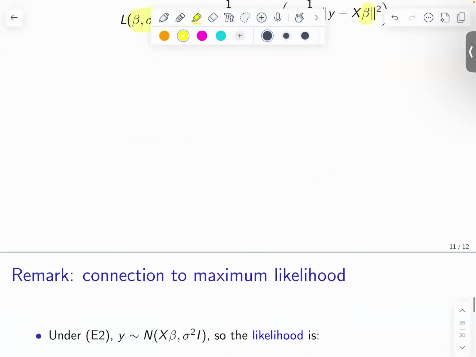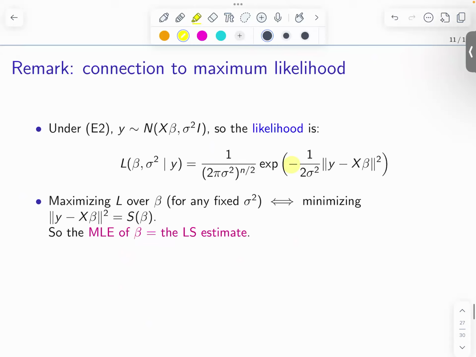Because of the negative sign and because the exponential is monotone, maximizing over beta is equivalent to minimizing this quadratic form, which gives just the least squares solution, exactly the beta hat that we had before via the geometric approach.